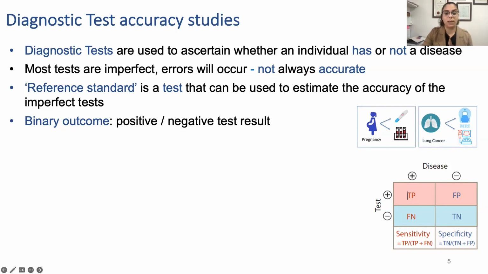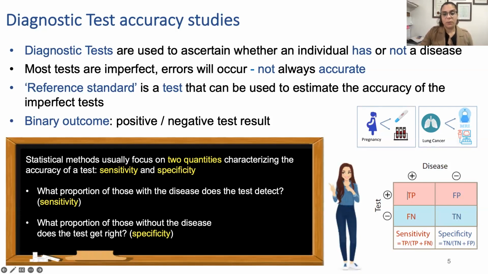For example, when we perform a rapid test for COVID-19 to detect COVID-19, we may have positive test results or negative test results. But there may be continuous index tests, like blood tests, for example, and these require setting a specific cutoff threshold in order to dichotomize the test results.